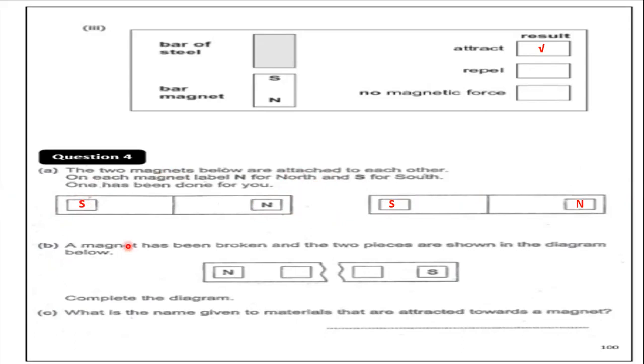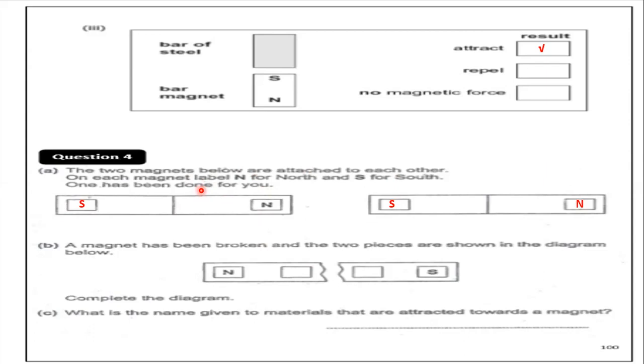Next is, a magnet has been broken and the two pieces are shown in the diagram below. Complete the diagram. Now, this is a tricky question. I want you to pay extra attention to this part, please. A single magnet like this one, not those two, this one only, when it gets broken, the broken pieces turn into a magnet itself.